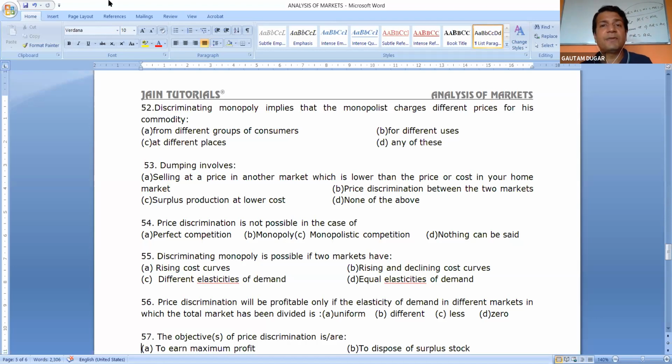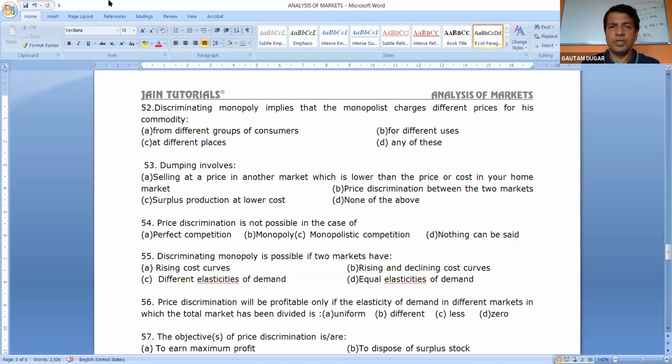One variant would be of a bit cheap quality, the other may be of a superior quality. Say, for example, the market for books, the philosophical books, the motivational books, the novels. 2 types of editions are normally produced. One is an LP edition, low price edition. Those books normally have a bit poor paper quality and a poor binding.